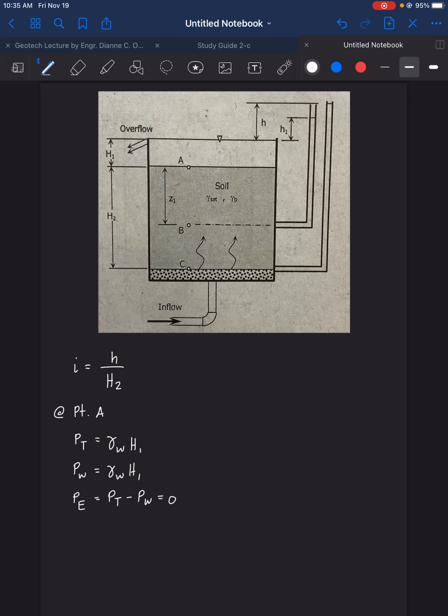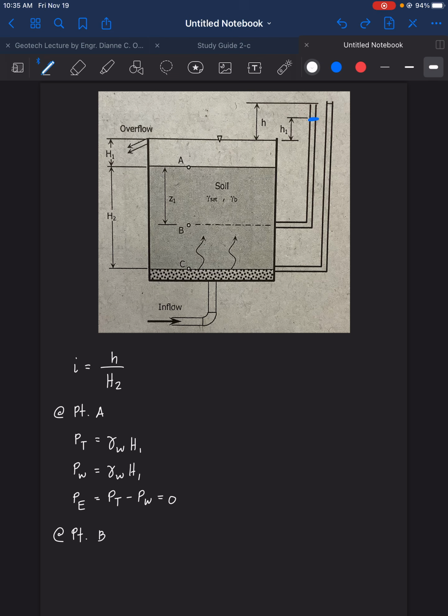Next, let's go to point B. Okay, so at point B, here, this location, if we are going to get the calculations for the P total, PW, and P effective of point B, we need to insert a tube here at the level of point B. Now this inserted tube here has water level up to this point, and that water level and the water level of the outflow has a head of small h sub 1.